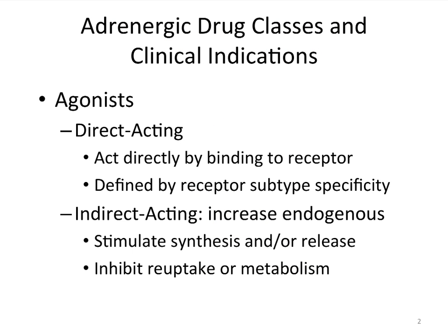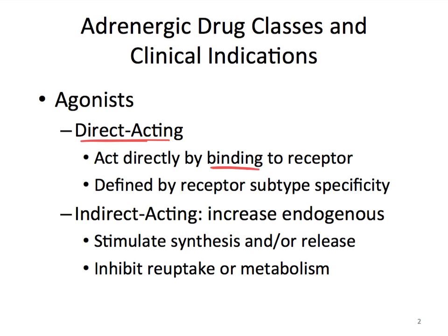Let's start with the agonists, and so these are the drugs that basically will act like norepinephrine or epinephrine, depending on the site, and they boil down to being two different types. One that are direct acting, meaning that they bind to the receptor, and all of these are reversible binders for the most part.